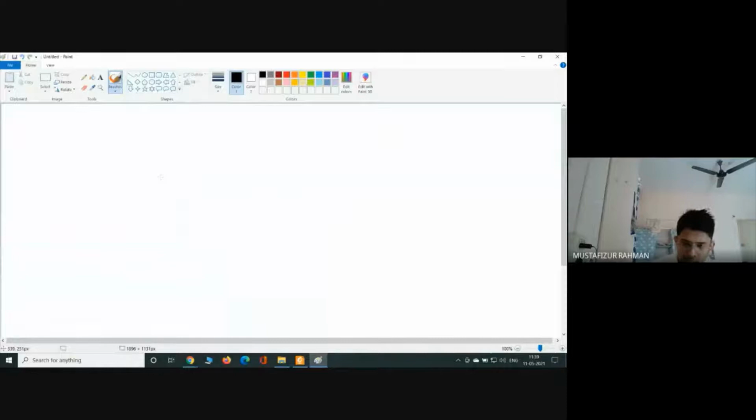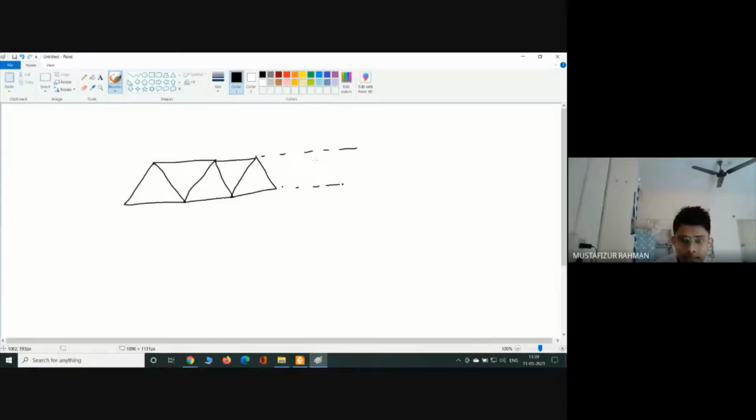Then, depending upon the shape of the network of triangles, there are different classifications. If we are going along this way, then this is a single chain of triangles.